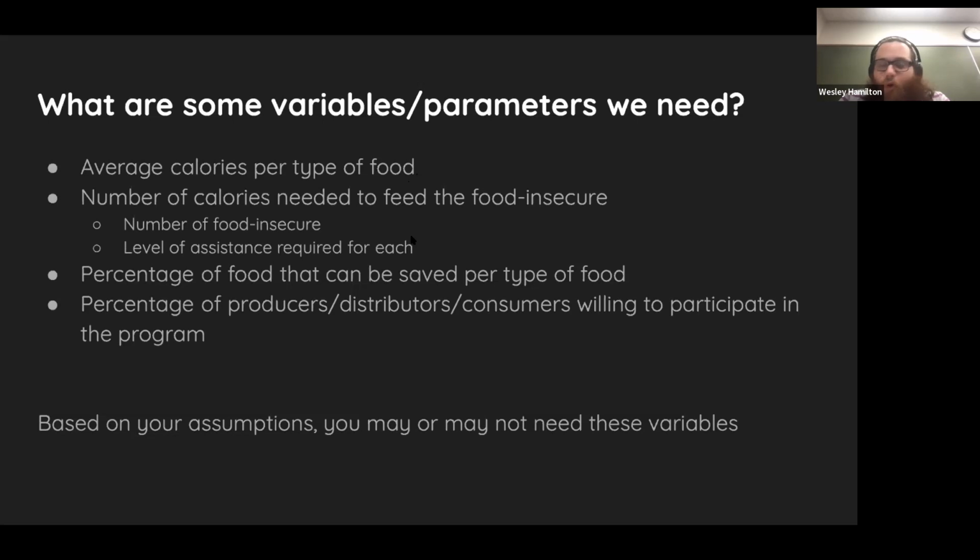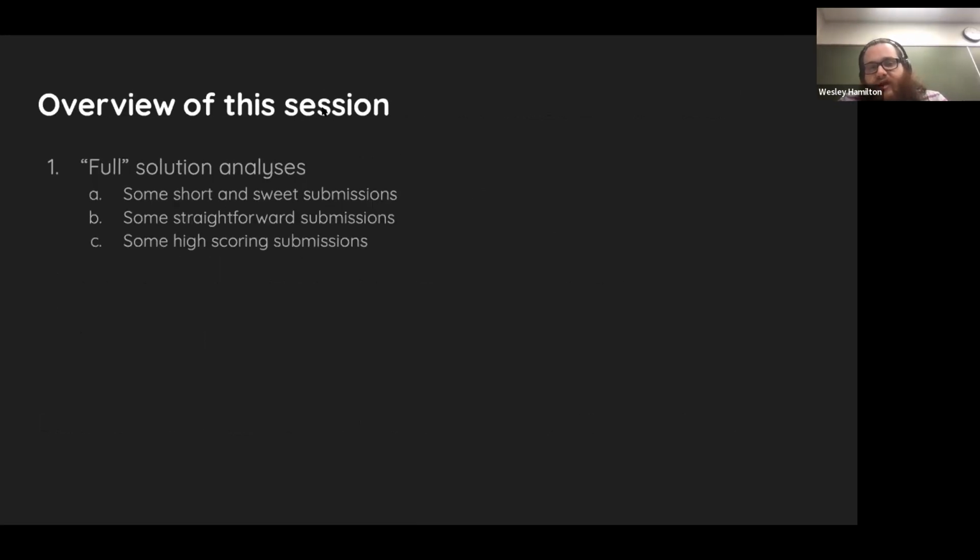Okay, so all of this is a relatively brief summary. Certainly keep thinking about the problem, come up with your own ideas, approaches, etc. But what we're going to do in this session is start looking at some full solution analyses.